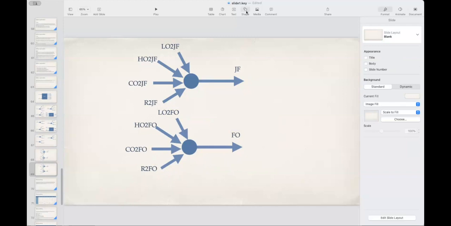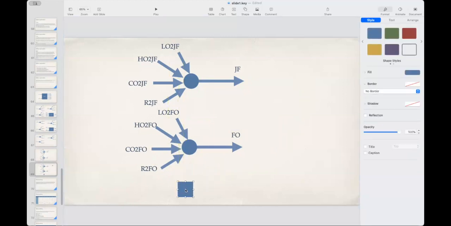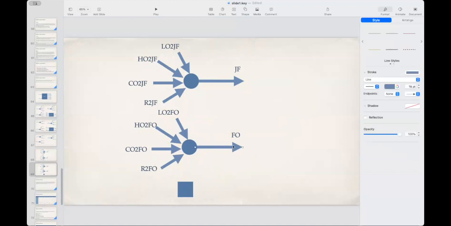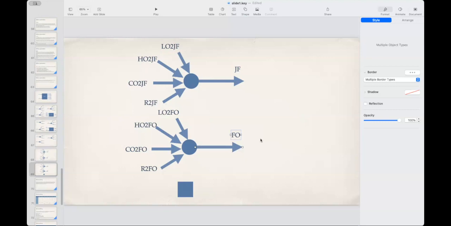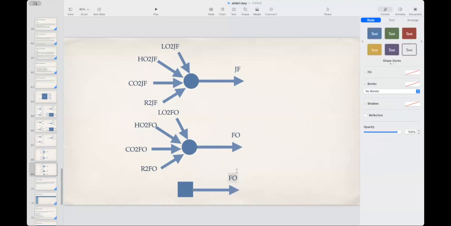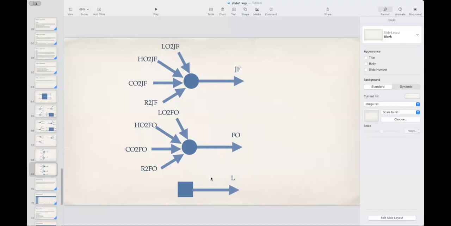For lube oil, it has some process. Changing this to L for a moment. This to L loop.